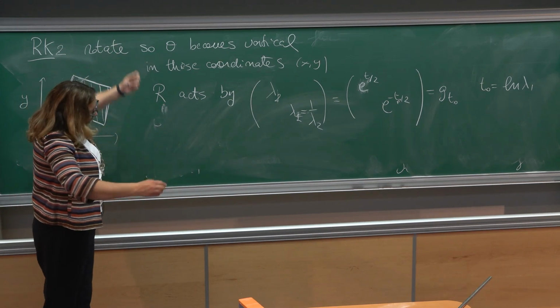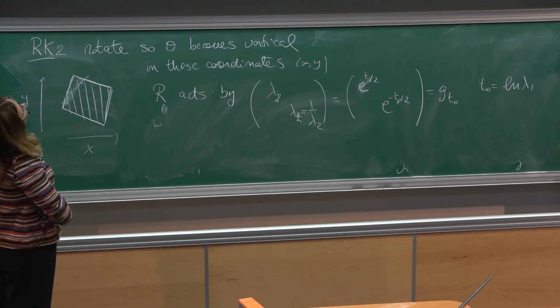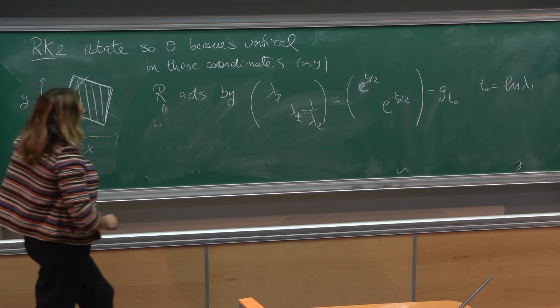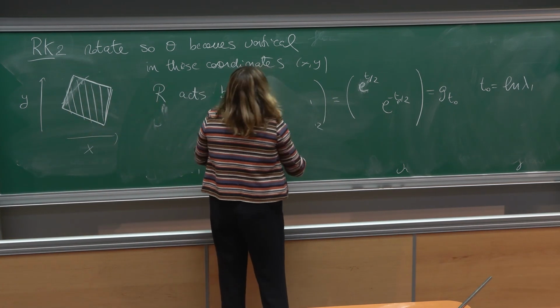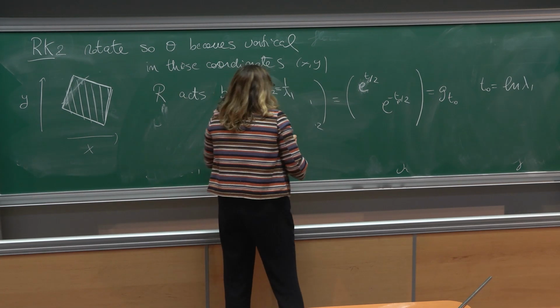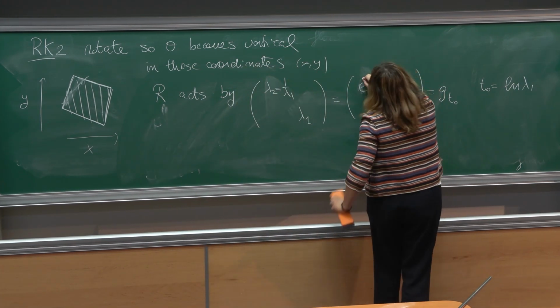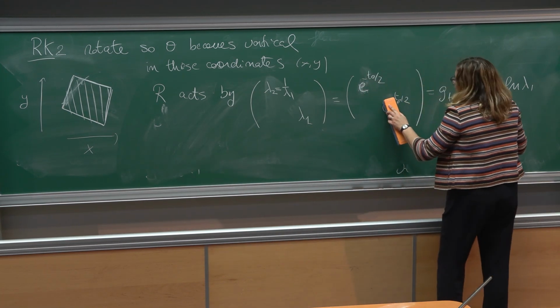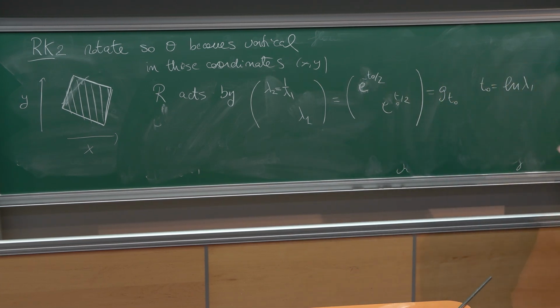The cut map was expanding V1, and now I rotate so that V1 is vertical, so the inverse is contracting. So yeah, this is the opposite of what I said. OK, this has a minus, correct? So this is lambda 2, which is 1 over lambda 1. And this is lambda 1, and this is e to the minus t0 half, and this is e to the t0 half. And I forgot what convention I used last week. Probably this is gt0. OK.